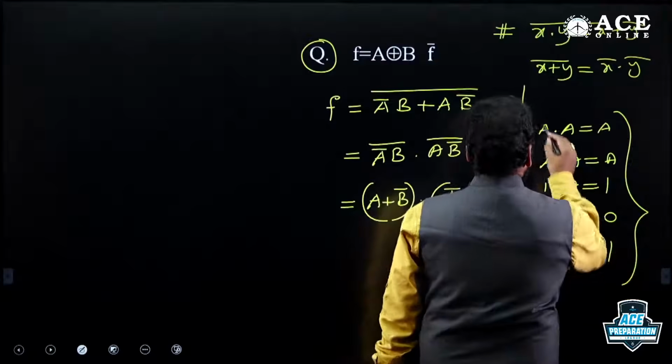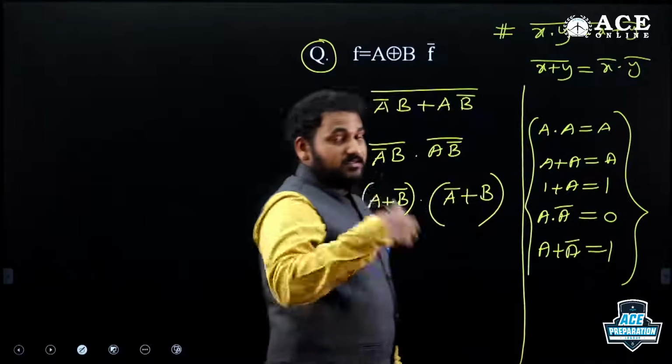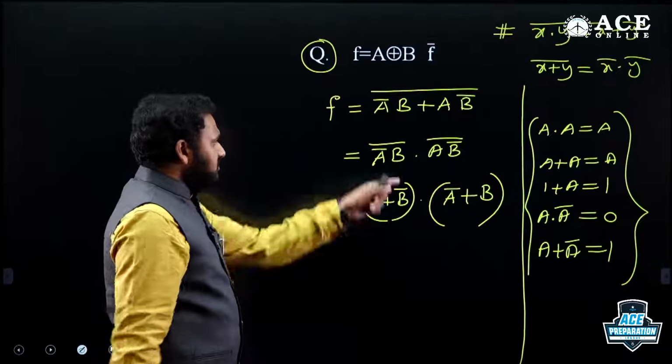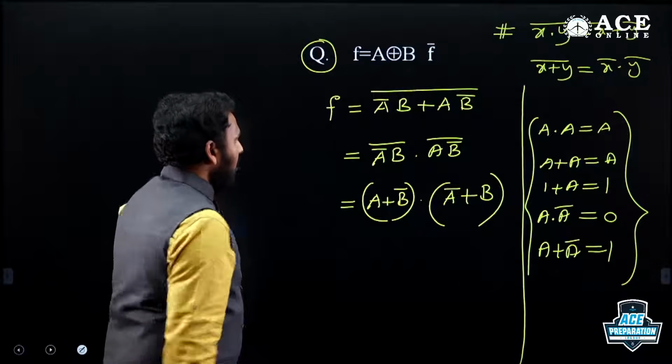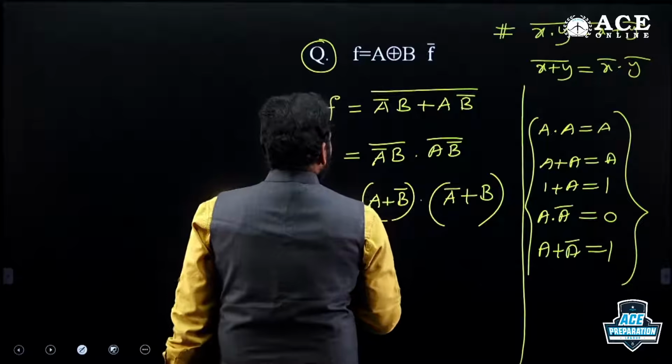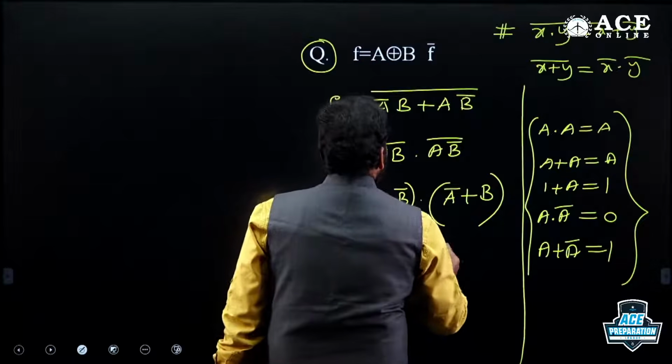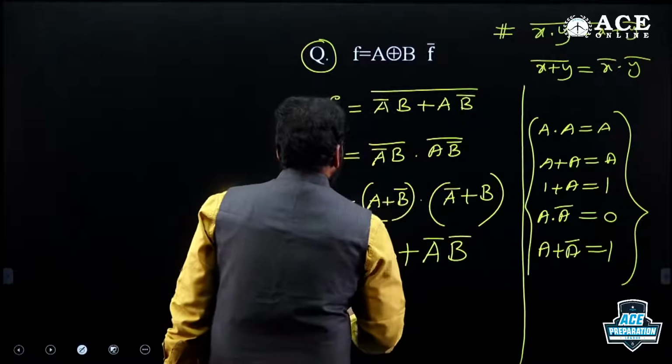Actually, these things will be covered in a separate unit, a topic called Boolean algebra, right? These are some idempotent rules. A into A bar is 0, AB, B into B bar is 0, B bar A bar, that is nothing but A bar B bar.